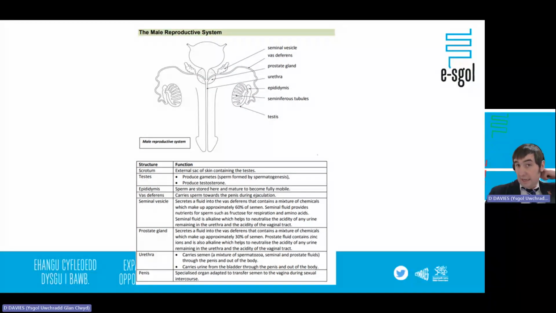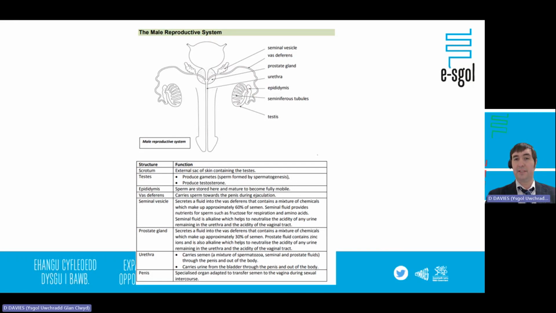Seminal vesicles, as the name suggests, produce seminal fluid, which is secreted into the vas deferens and makes up over half of the semen, what is actually ejaculated.